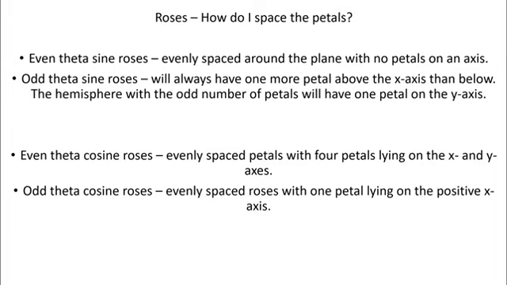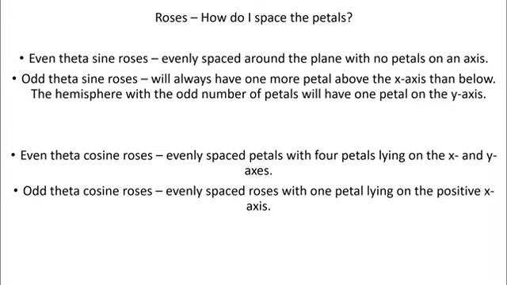And the hemisphere with the odd number of petals will have 1 petal on the y-axis. So again, if I have sine of 3 theta, I know I'm going to have 2 petals above the x-axis, 1 petal below. 1 is an odd number. That's below the x-axis, so that 1 petal has to lie on the negative y-axis.